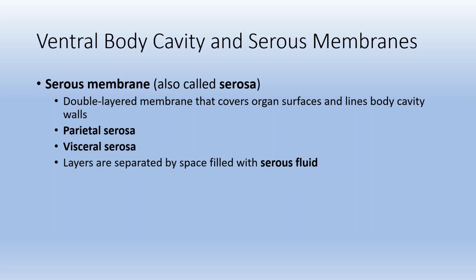So again, a serous membrane includes two layers. One of those layers, the one that covers the surface of organs, like the stomach, like the heart, we call the visceral serosa.